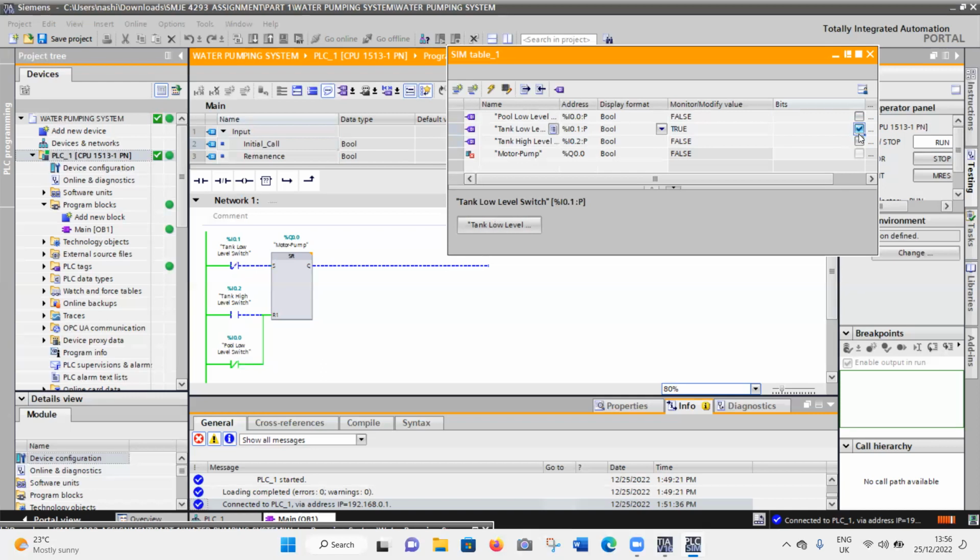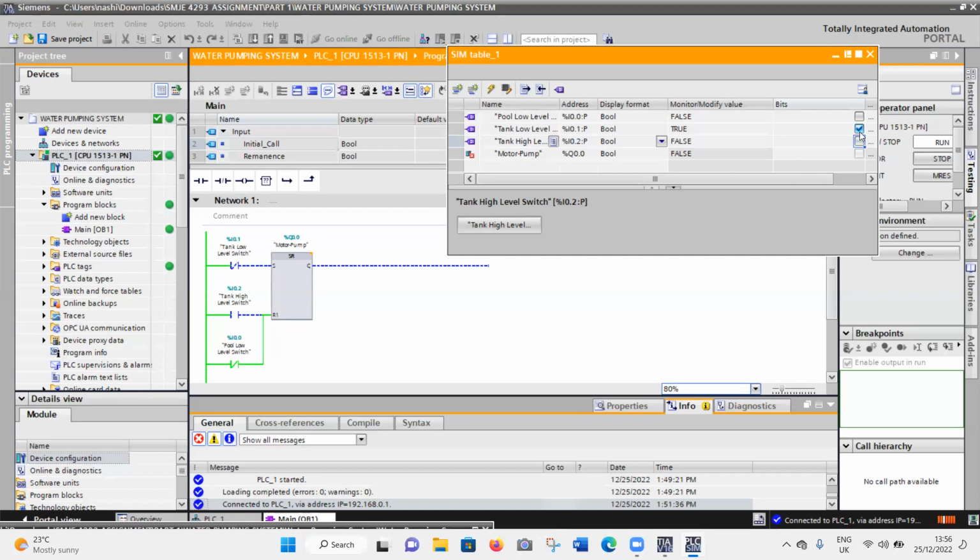The water inside the pool is being extracted, so the high level switch will eventually switch off.